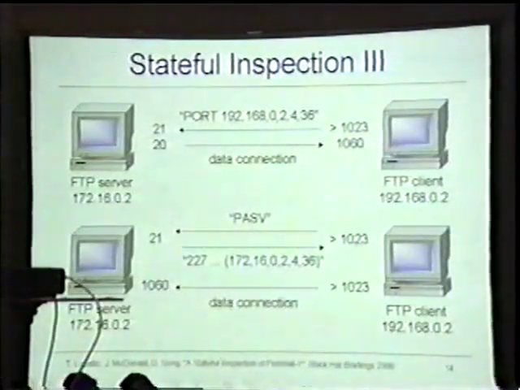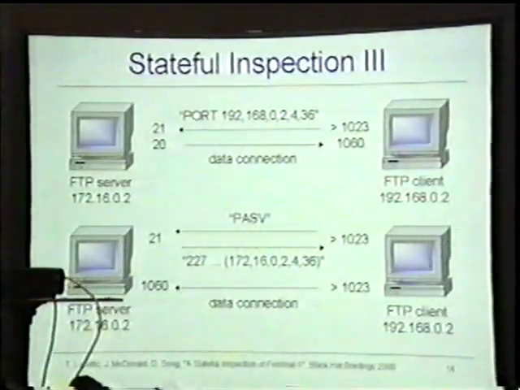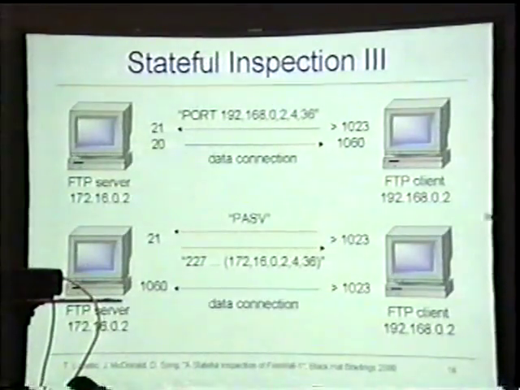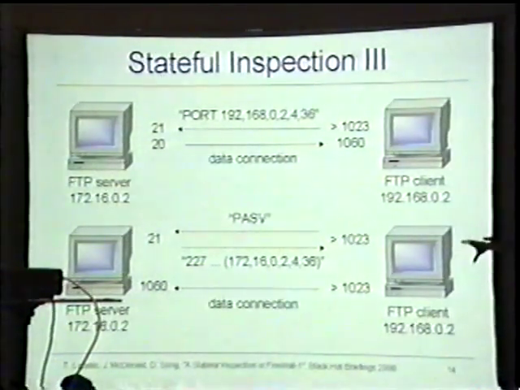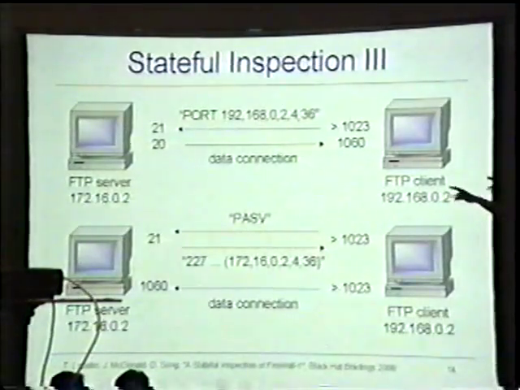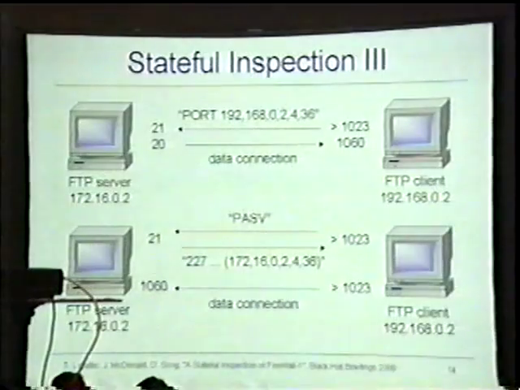So let me quickly go through an example of stateful inspection. The FTP protocol: the upper part is the active case, and down there is the passive case. The active case is the FTP client connects to a server from a non-privileged port to port 21 of the server, and this is put into the connections table.